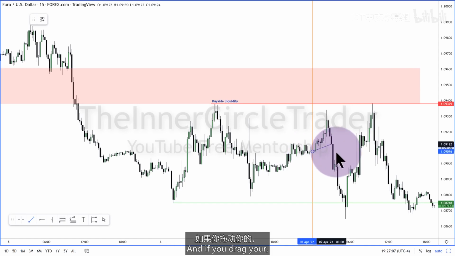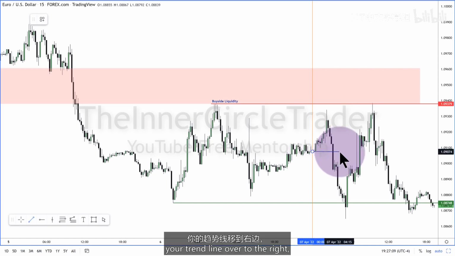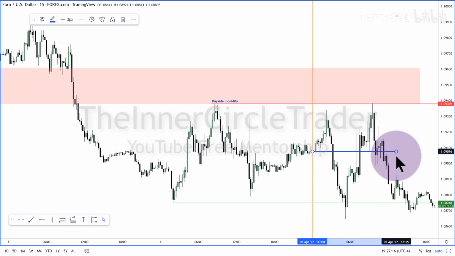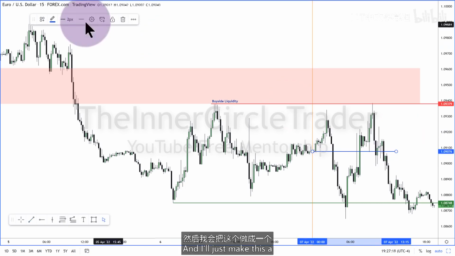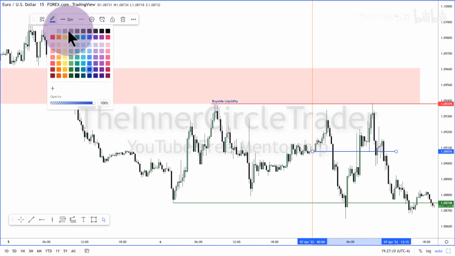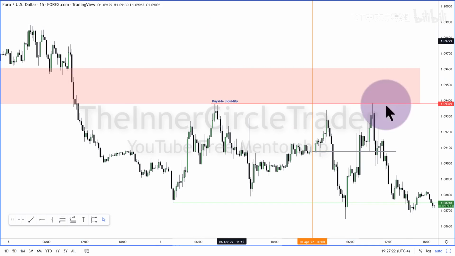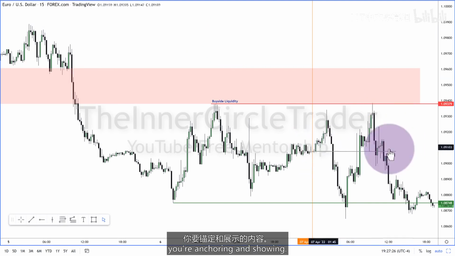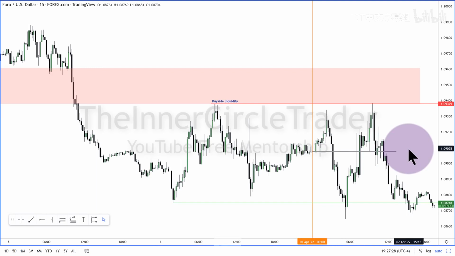But I'm going to draw that on here, and if you drag your trend line over to the right and hold down the shift button, it'll keep your trend line straight. Just drop it there, and I'll make this a gray color. Now you can annotate that, but over time you'll just know that that's what you're anchoring and showing. This is the opening price at midnight.